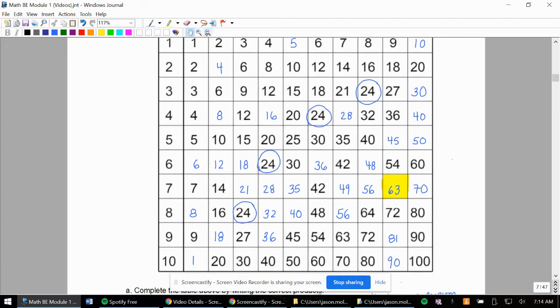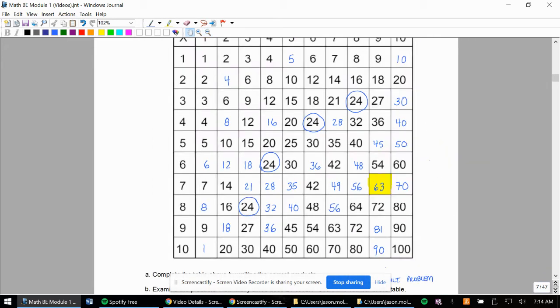I'd like you to pause the video and just try to find, maybe there's a couple of these. See if you can find 2 numbers, and I would suggest doing this in a pencil in case you make an error. Find 2 numbers that only appear once. And there's actually 6. So see if you can find at least 2, and then unpause the video and compare them with the ones I found.